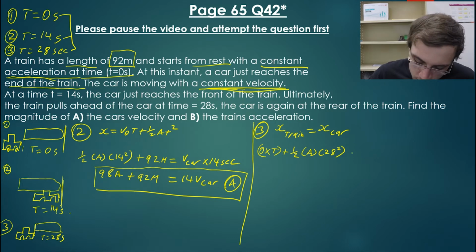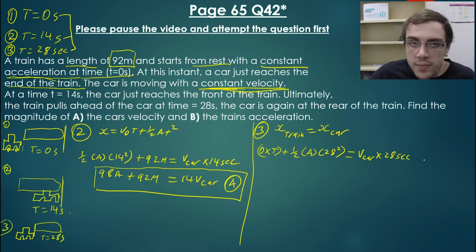And that's going to equal, x equals v0 t, so the initial velocity for the car, which we're going to denote as v car, because we don't know what it is, times the time, which is 28 seconds, plus 1/2 at squared.